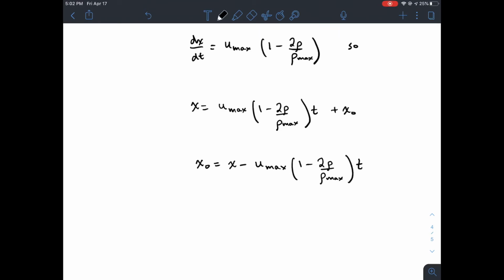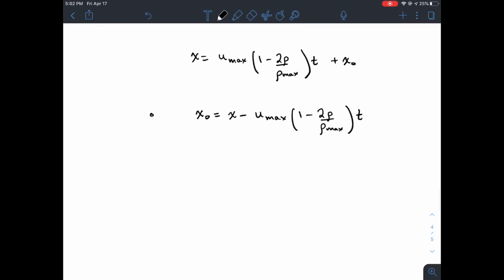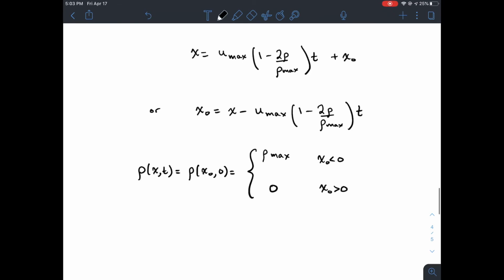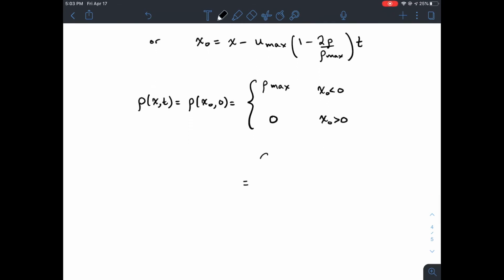So this stuff. And now we're going to figure out what that means when we put it into this rho, right? Because what I have written down here is that rho is a constant, so I've got rho at x, t is rho at x naught, 0, so it's my initial condition. It's rho max for x naught less than 0 or 0 for x naught greater than 0. So now I want to do what I did before and stick all that stuff in.